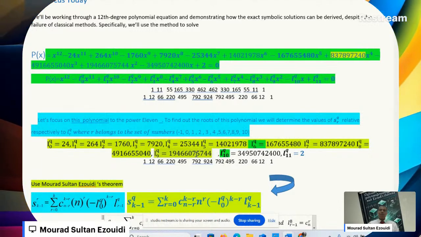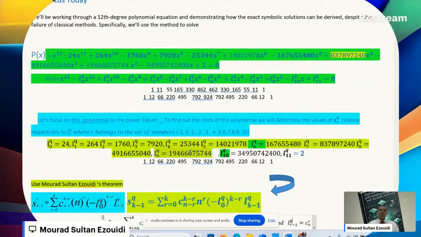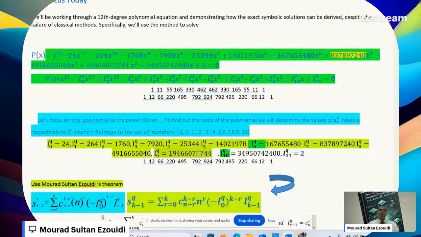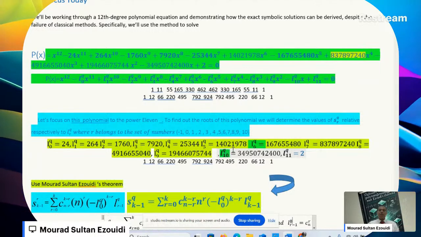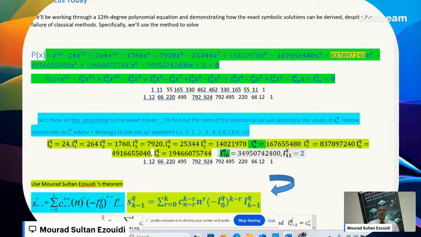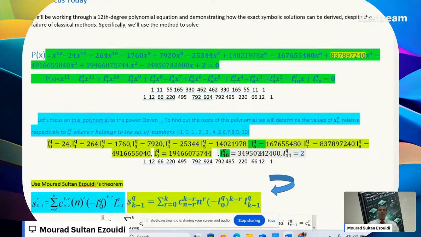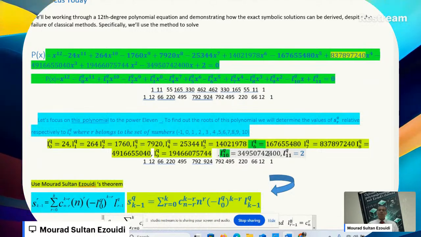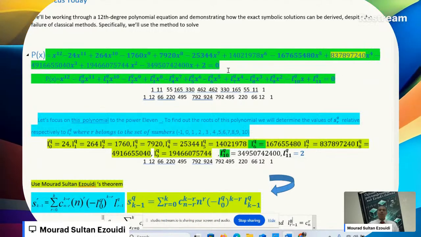And L9 is going to be equal to 19,466,075,744. And let's say the 11th coefficient is going to be equal to 34,950,742,400. And L11 is going to be equal to, okay, the last one.